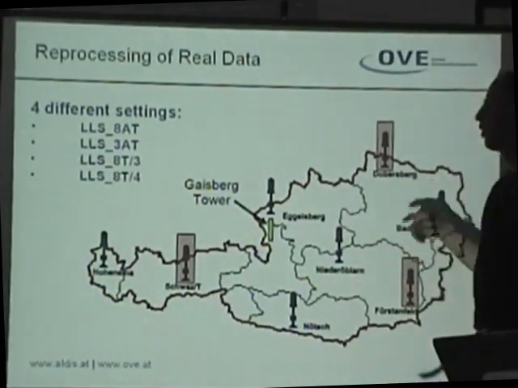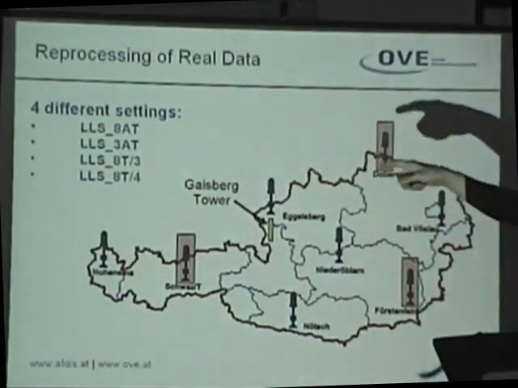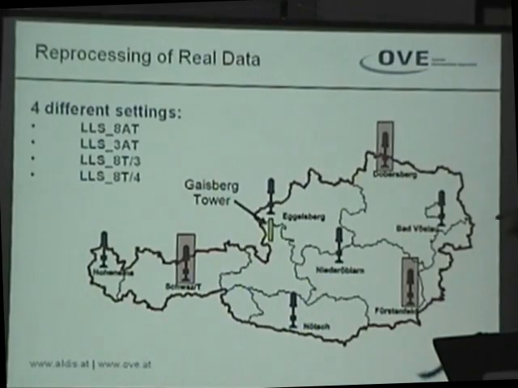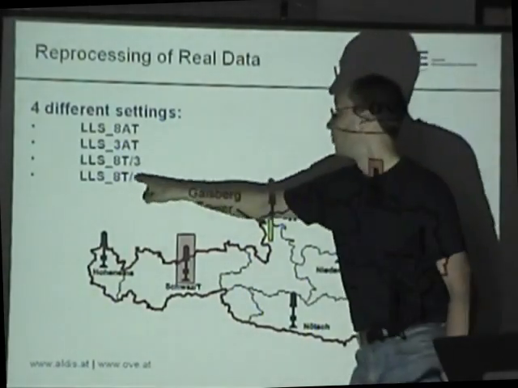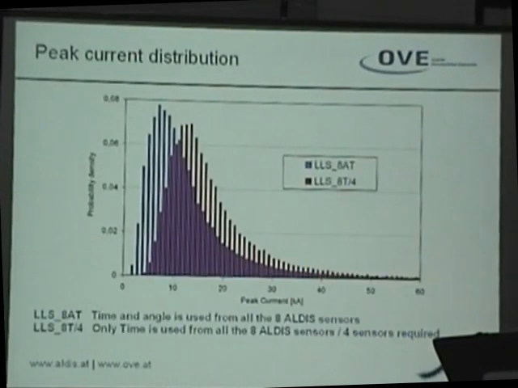And then I can use, of course, for the 8 sensor network only the times. And I can use also for the 3 sensor network, the times wouldn't be a good idea. But for a 4 sensor network, and I confess I don't know which is the 4 sensor network I'm using. And the result I'm showing here is regarding peak current distribution.